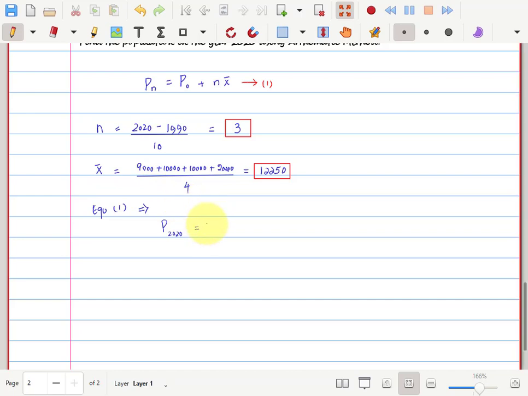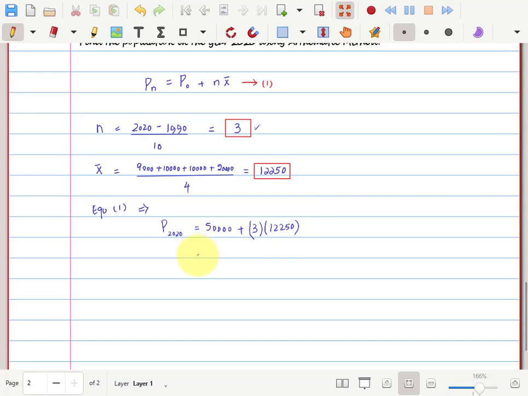So 50,000 plus n. What is the value of n? n is 3, multiplied by x bar. x bar is 12,250.